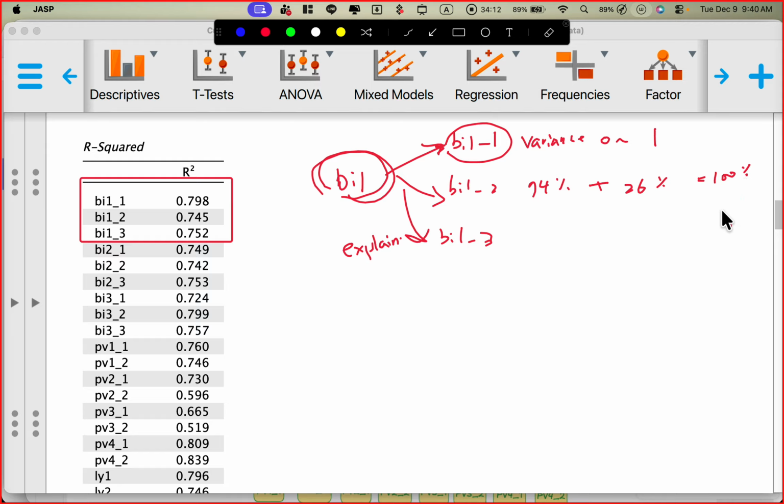So this variance could be explained by this factor, but we still have 26% that cannot be explained by factor 1. We give it a name: we call it measurement error.